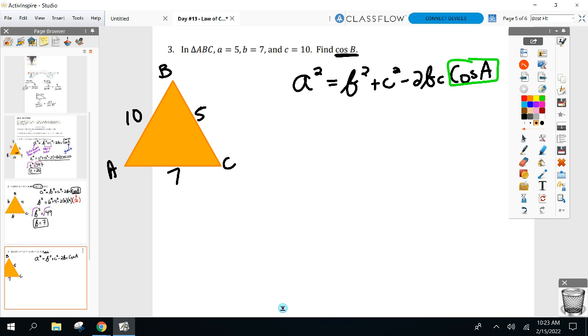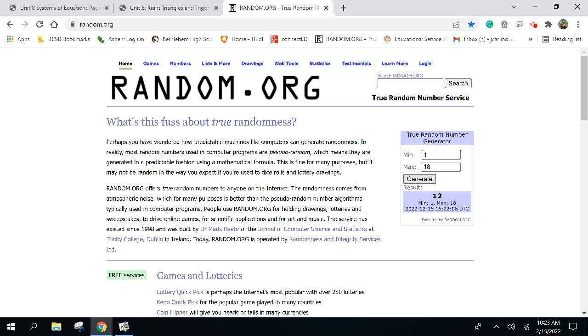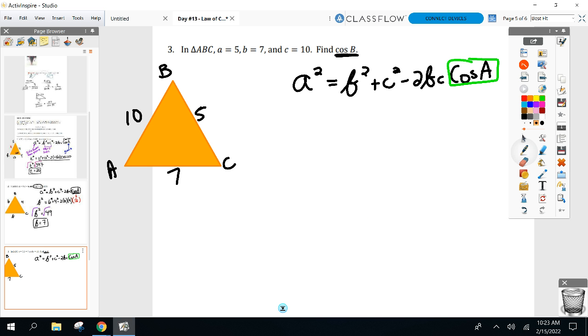Without me saying anything, what do you think I'm going to plug in for the left side? Think about the angle involved in the problem and look across from it. 7. Why 7? Because it's across from B. We're finding cosine of B. Look across.